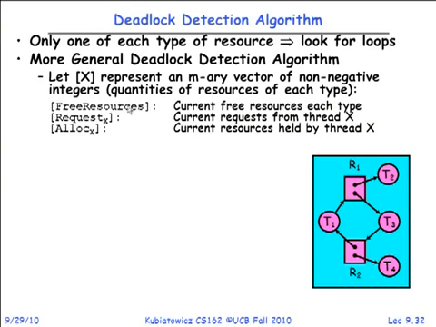Okay? And every thread has a request vector. Notice that T1 is requesting R1 but not requesting R2. So T1's request vector would be 1, 0. T3's request vector would be 0, 1. Okay? And so on. And then allocations are which ones are currently held by the thread.